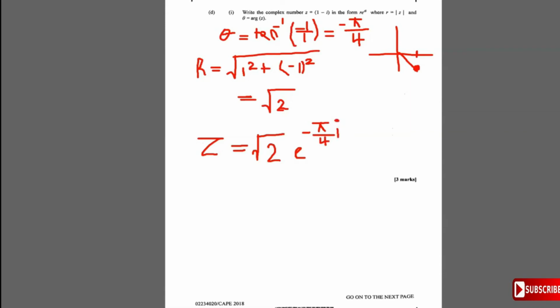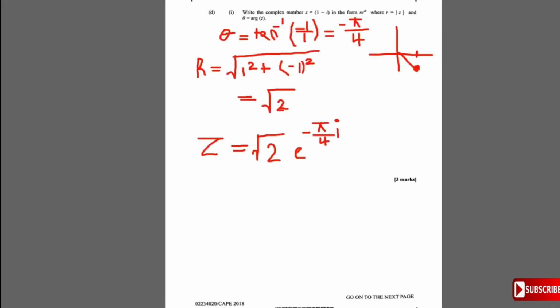Nice. Moving right along, it now says, hence, show that 1 minus i to the 9 is 16 times 1 minus i. Okay, so this is what we want.